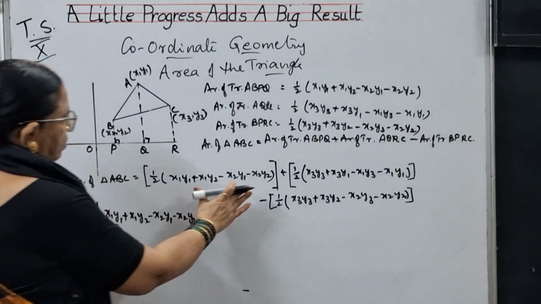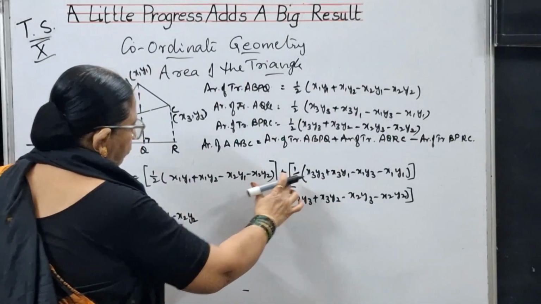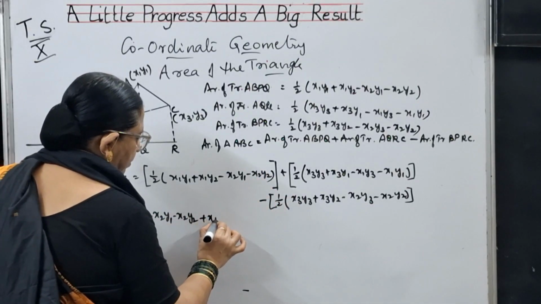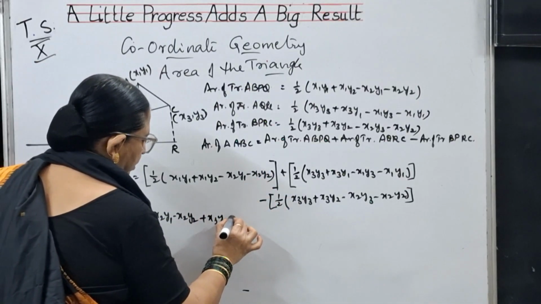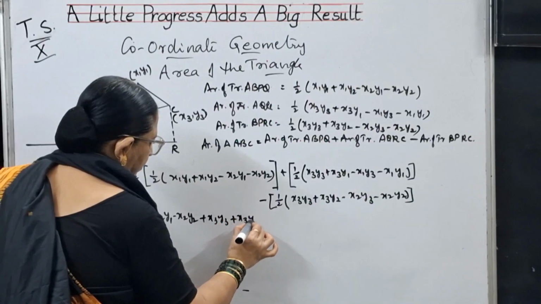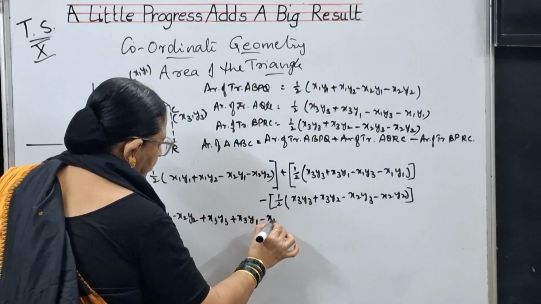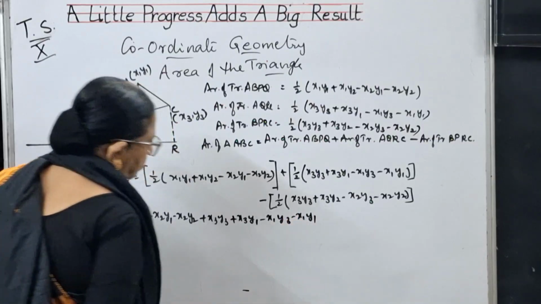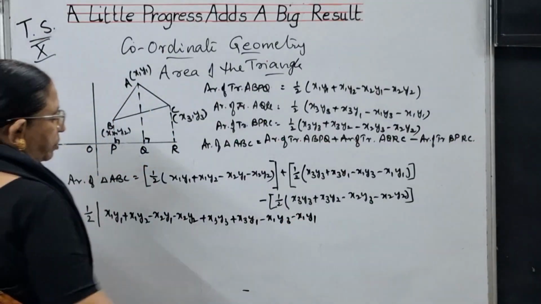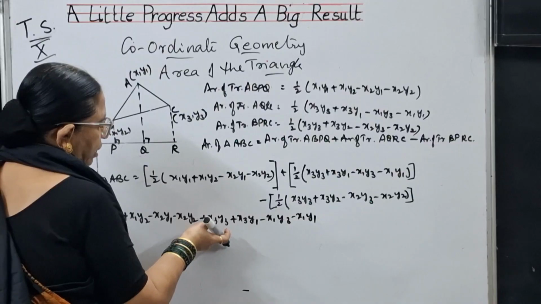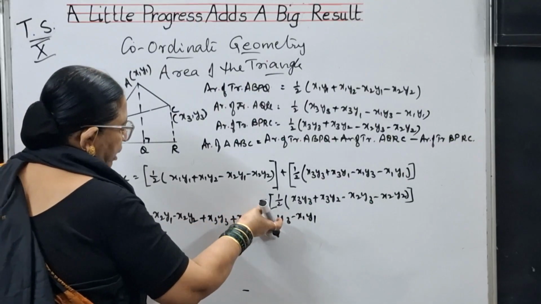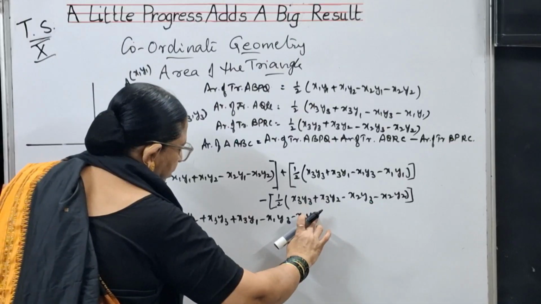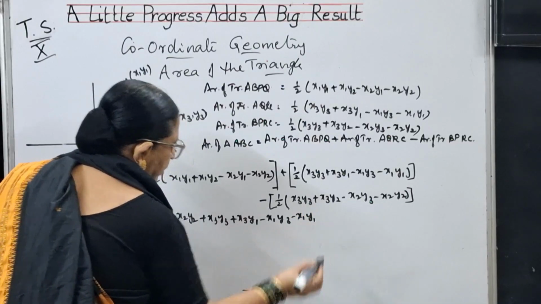Next, here also half I have already taken. So remaining: plus x3 y3 plus x3 y1 minus x1 y3 minus x1 y1. Let me write one properly.